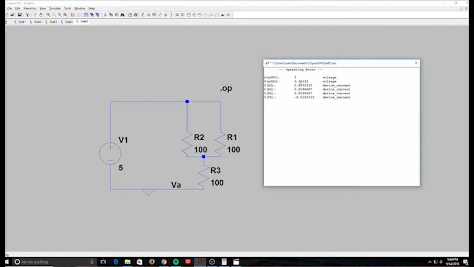The voltage drop across the 2 that are wired in parallel is going to be 3.33, which again was stated in the pen and paper example. R1 and R2 is going to be again that 0.0167 amps. But when we get down to the one in series, the current is actually going to be more. So if you ended up doing the math, you would end up getting the corresponding circuits with the correct amperage that we have displayed right here.